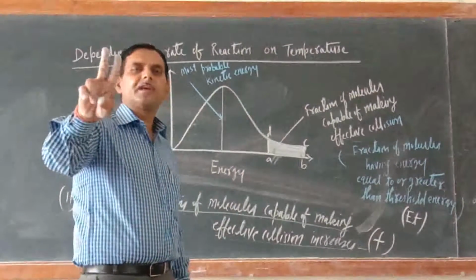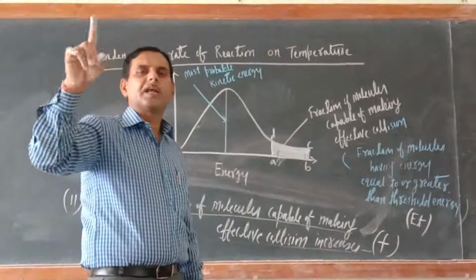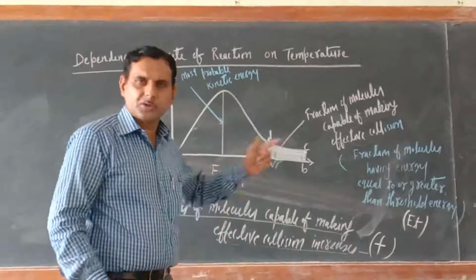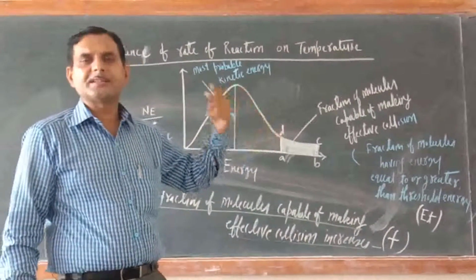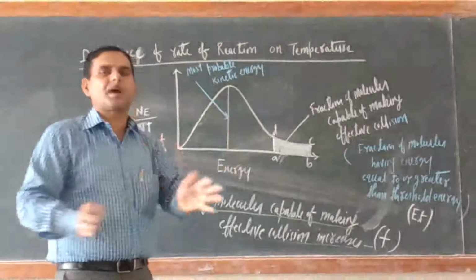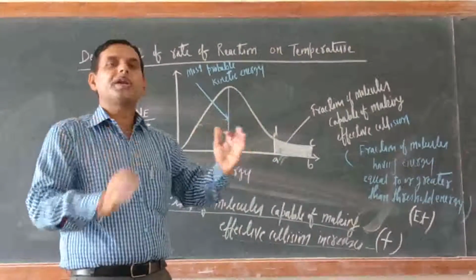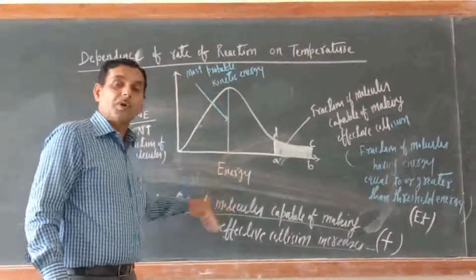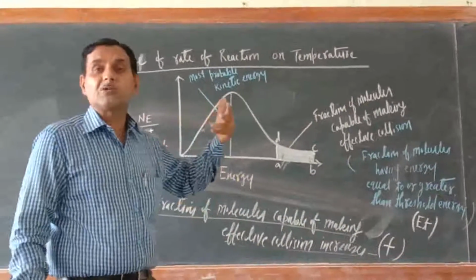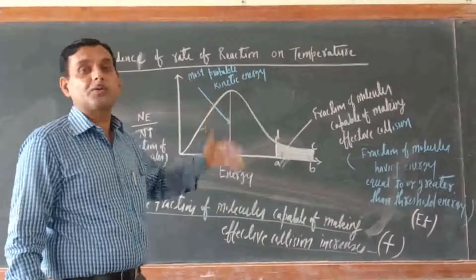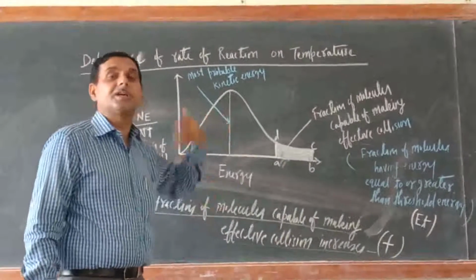They have two things: energy equal to or greater than threshold energy, and second, proper orientation during the collision. So when you increase the temperature, the molecules having energy equal to or greater than threshold energy increase.